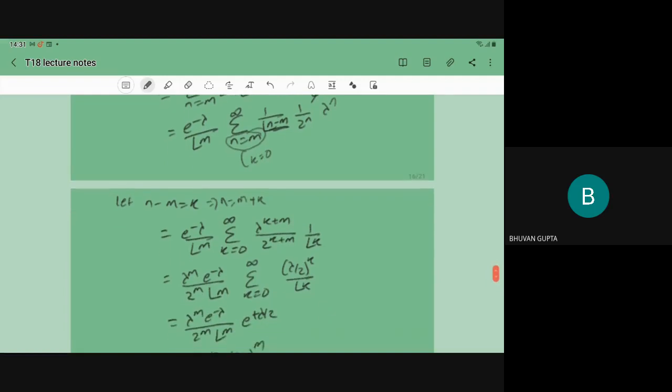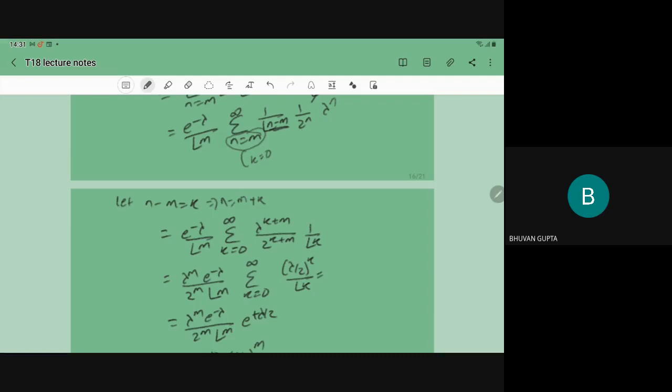From the numerator we can take lambda to the power m outside, and from the denominator 2 to the power m. So lambda to the power m upon 2 to the power m into e to the power minus lambda upon factorial m as it is, summation from k = 0 to infinity of (lambda by 2) to the power k upon factorial k. So what is this?